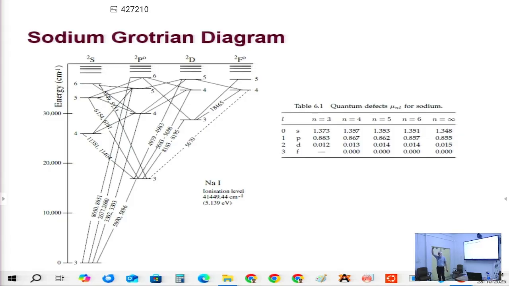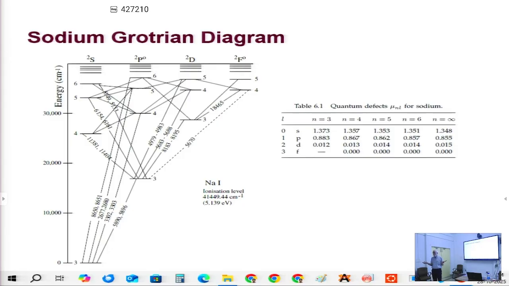So n equals 114 to 113: you take 1 upon 114 squared minus 1 upon 113 squared, and that gives you basically the wave number. You may want to scale the Rydberg constant slightly according to the mass, so you get these small shifts. By the time you get to sodium, they're all on top of each other. You can't tell sodium from potassium, for instance.